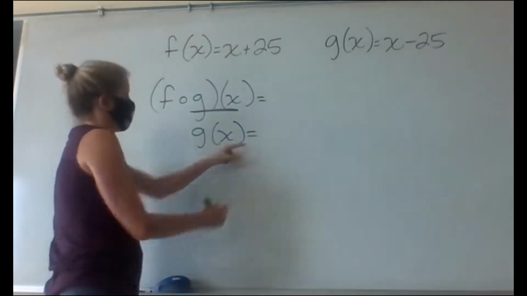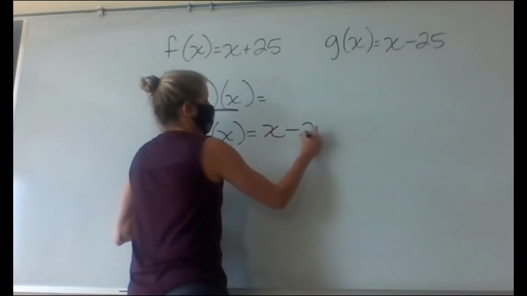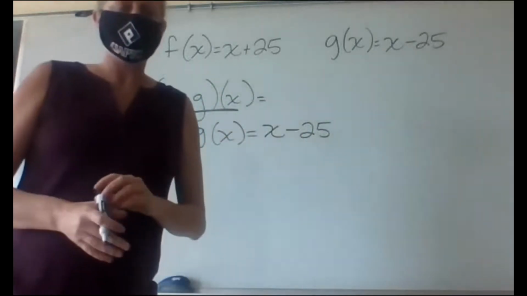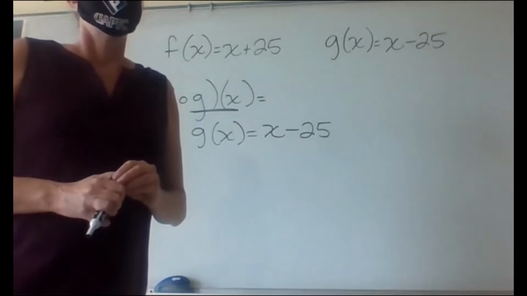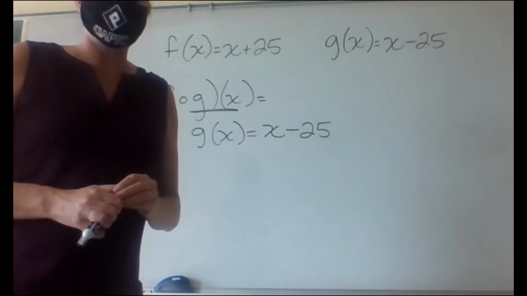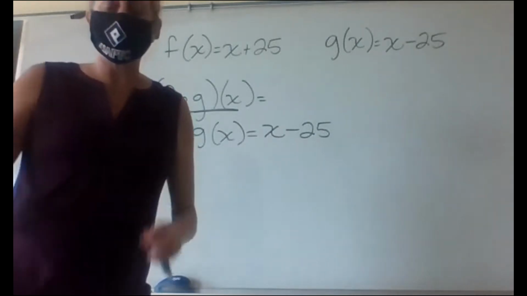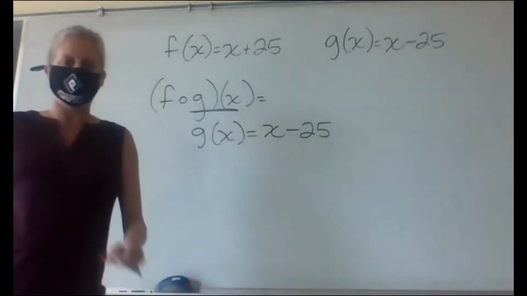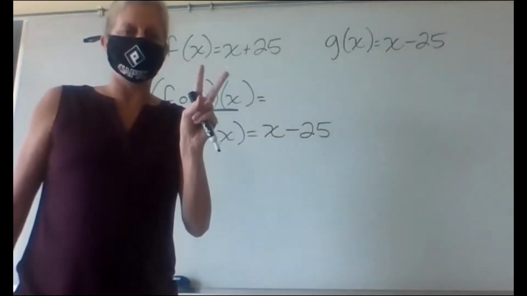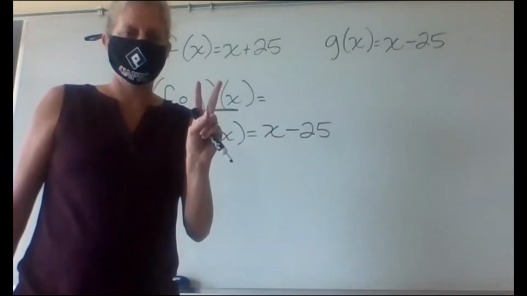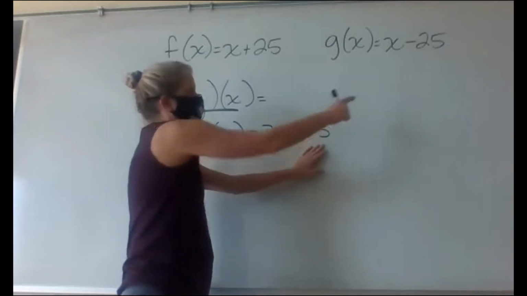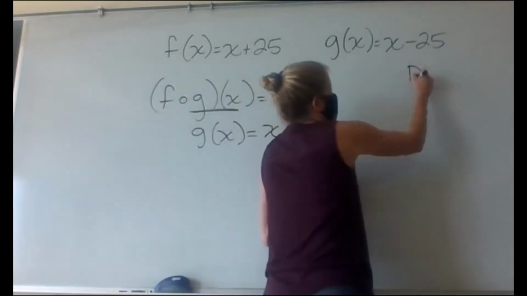So g of x equals x minus 25. Now, at this point, I'm going to start looking for restrictions in the domain because it's going to ask me in a minute what is the domain of the final answer. And there's two places that you're going to look for restrictions in. What you plug in, which is x minus 25. So I'm going to put over here a little side note for the domain.